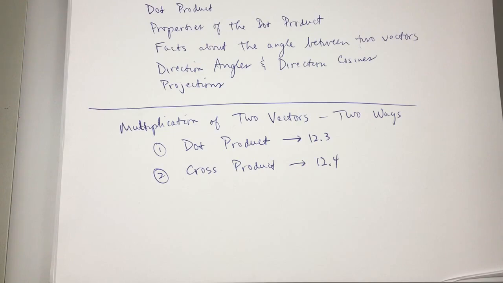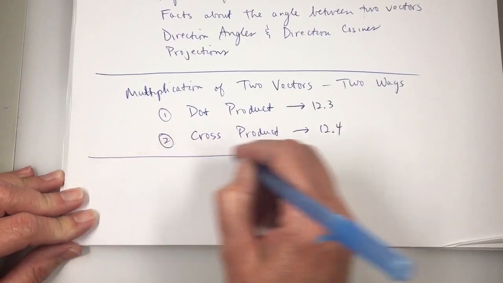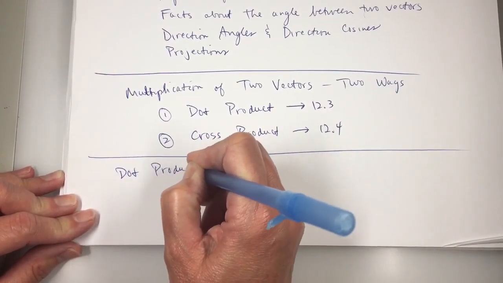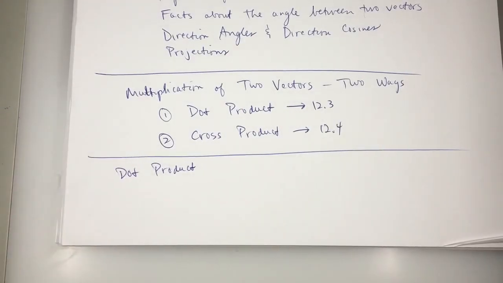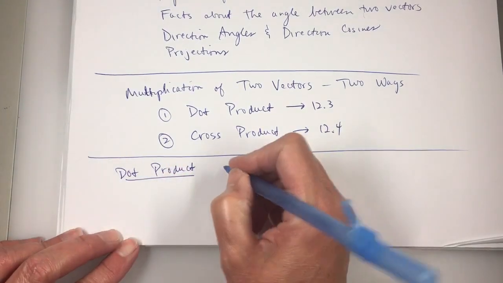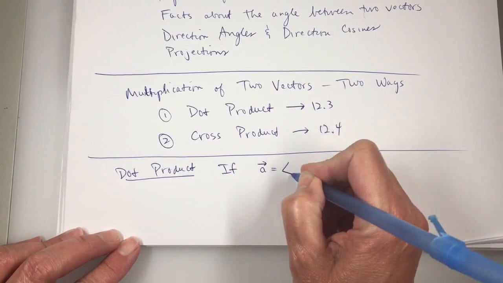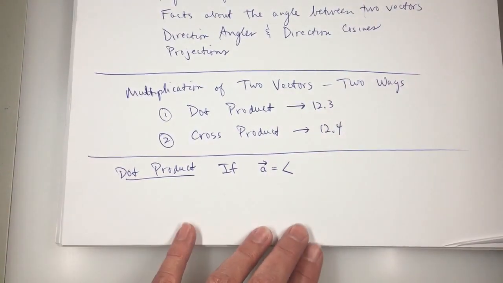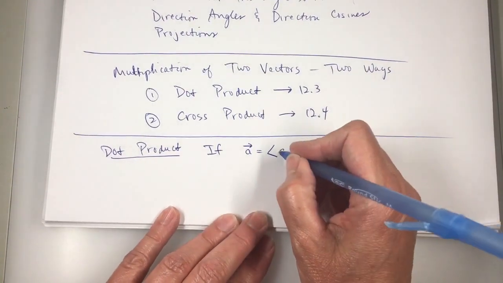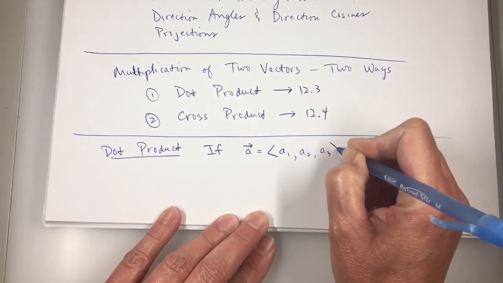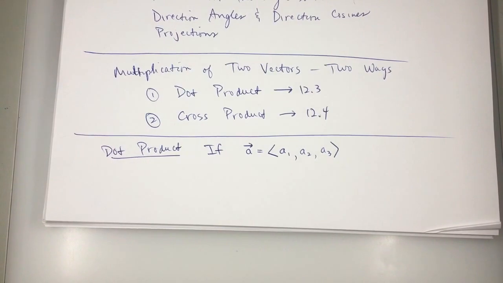And so the dot product, I'll give the definition of this. If we have vector A and vector B, so if vector A equals this vector, I'll give it in 3 space, so there'll be 3 components, A1, A2, A3. It works for 2 space as well.